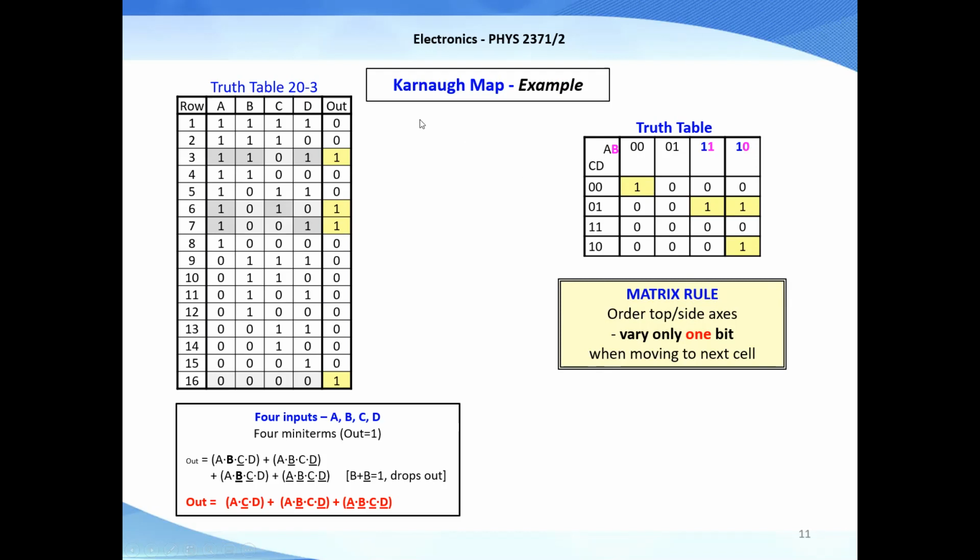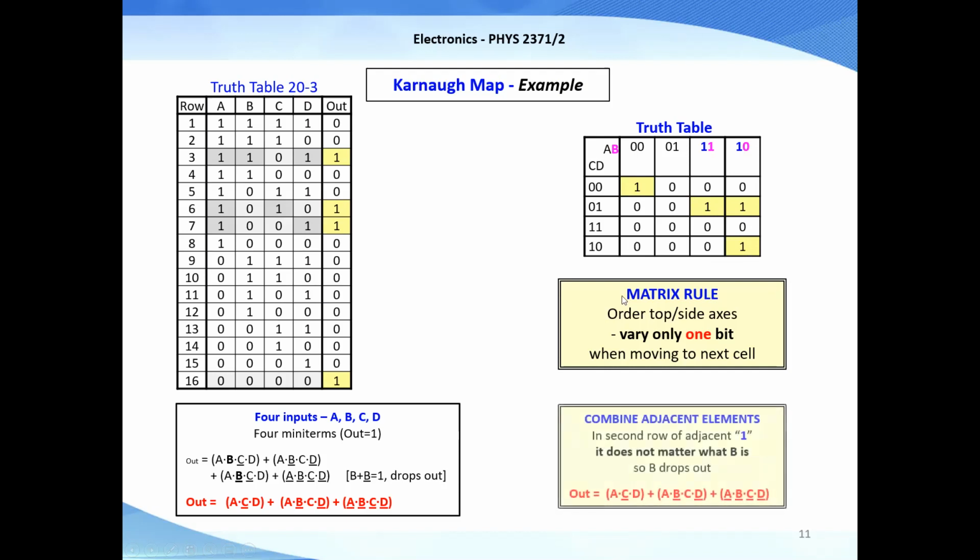Okay, so this mini term corresponds to A bar, B bar, C bar, D bar. Okay, this one here would correspond to A, B bar, C, D bar, since it's in here.